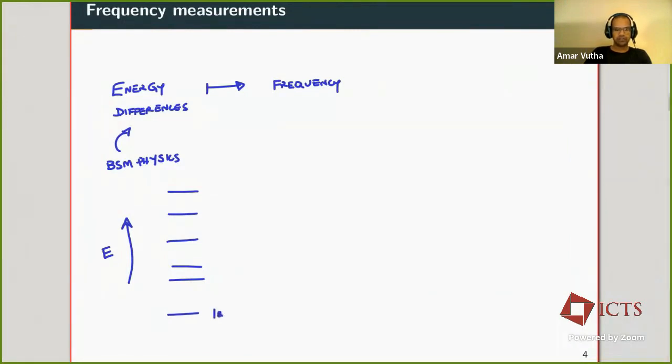But let's keep it very simple and think about these states as A, B, C, D, etc. What you would like in your system, once you've picked some atomic system where you want to measure BSM physics, is you would like that BSM physics to show up as some kind of measurable energy difference, either the difference between A to B, or B to C, or A to C, and so on. And so you have lots of energy differences to play with when it comes to atoms because you end up with lots of energy levels.